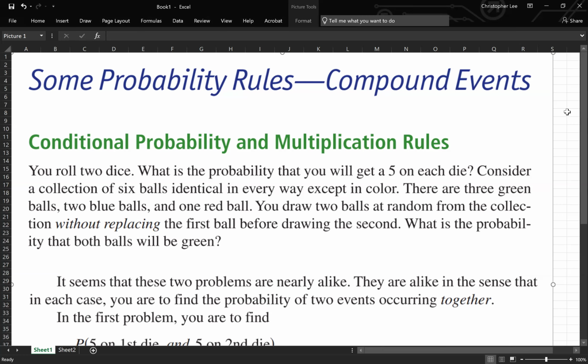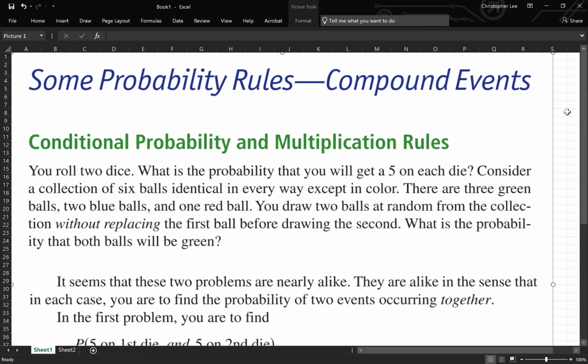What is the probability that you will get a 5 on each die? Consider a collection of 6 balls identical in every way except in color. There are 3 green balls, 2 blue balls, and 1 red ball. You draw 2 balls at random from the collection without replacing the first ball before drawing the second. What is the probability that both balls will be green?